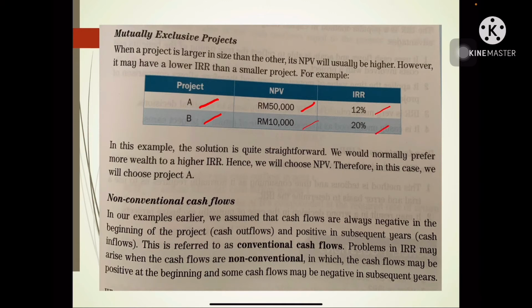So it means that the information from the NPV and the IRR is in conflict. If the NPV is higher and the IRR is higher, then it's okay, no conflict. But in this situation, for A the NPV is higher, but for B the IRR is higher.